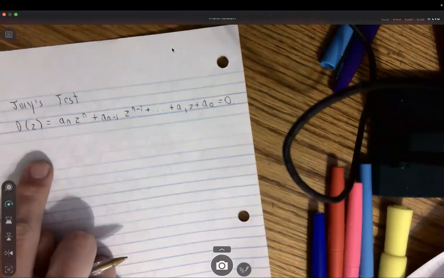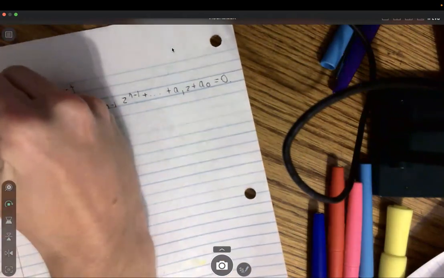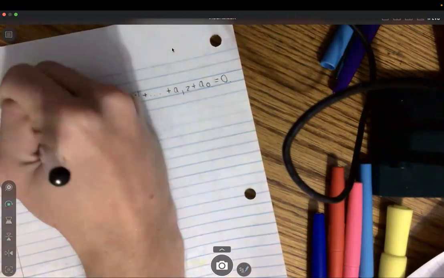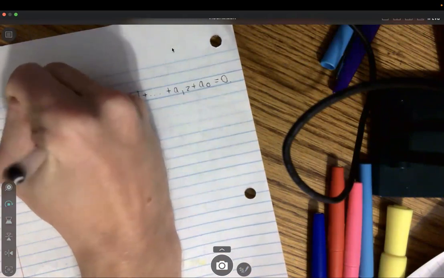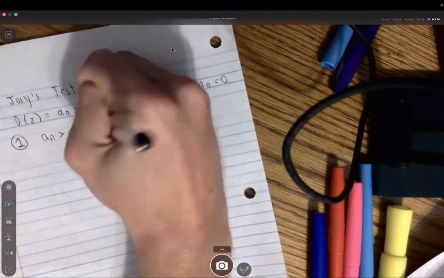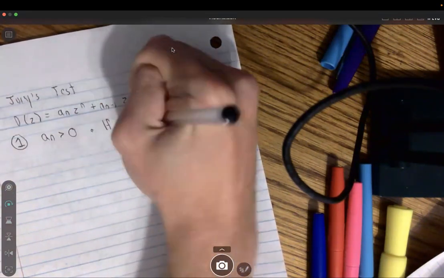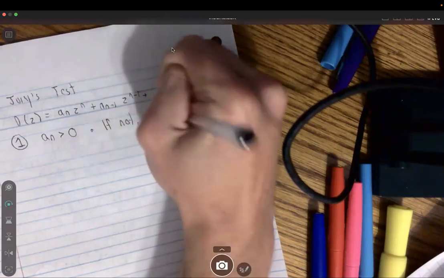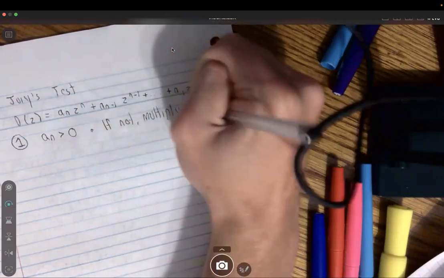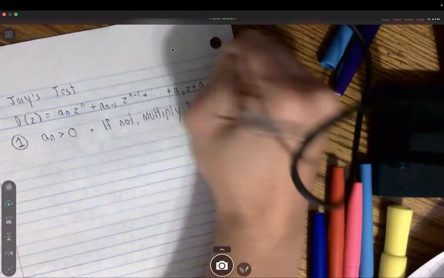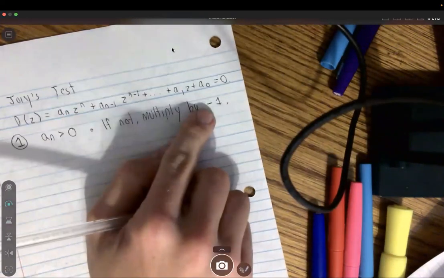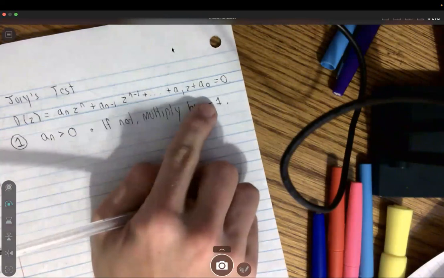Step number 1 is to make sure that a_n is greater than 0. If not, multiply by -1. You just need to make sure that your first coefficient is positive. I feel like he's going to give us a first coefficient of -5 or something; just multiply it all by -1.